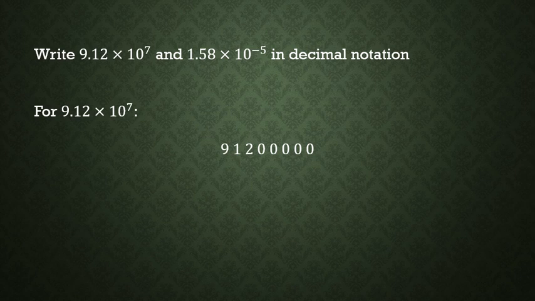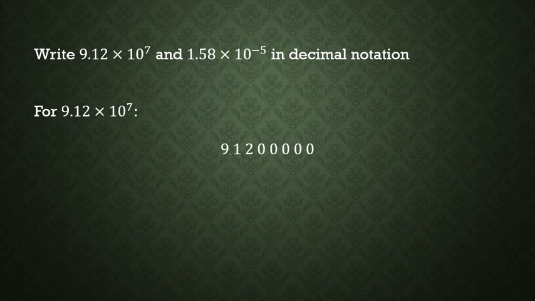Now, I already put some placeholders in there just by looking at the exponent. I have to move it right 7 places, and there's only 2 digits here, so I know that I'm going to have some kind of placeholder in there.